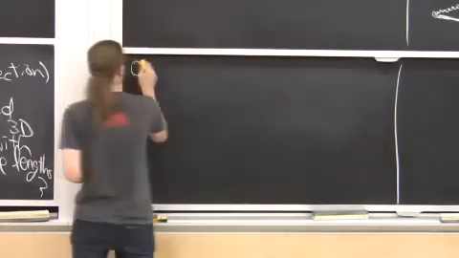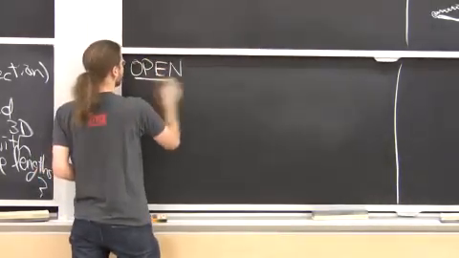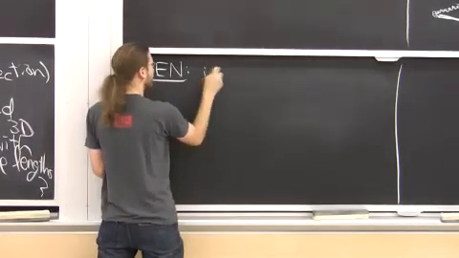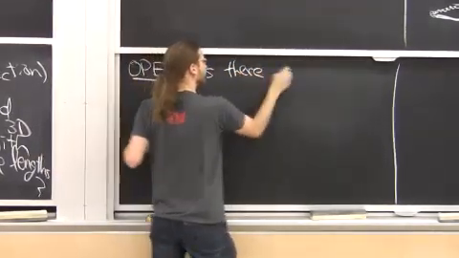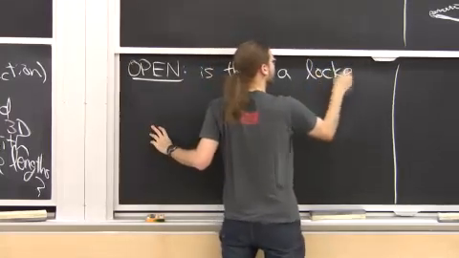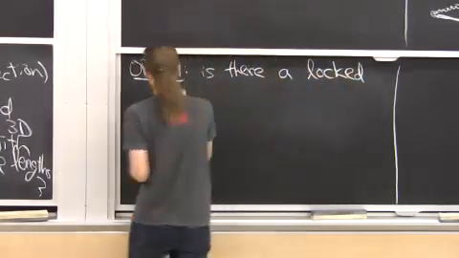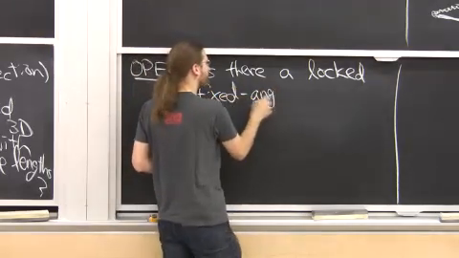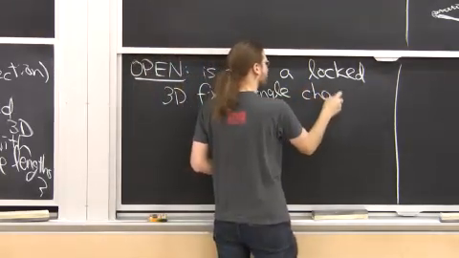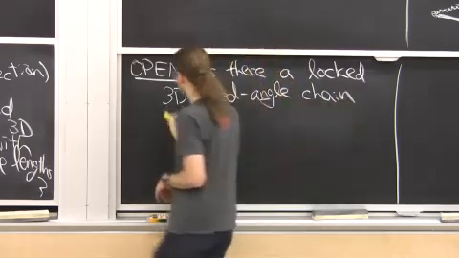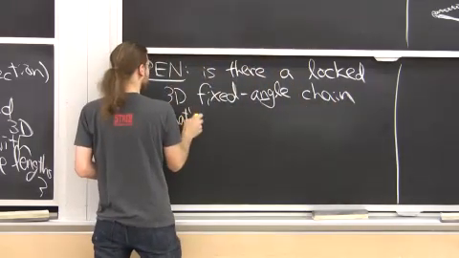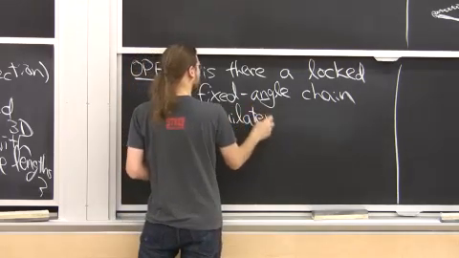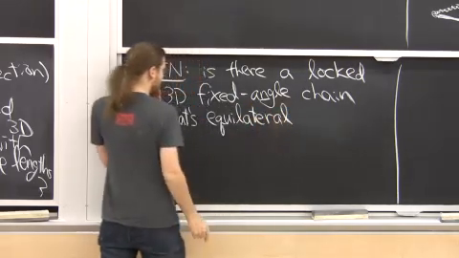So the big open problem for fixed angle joints, I guess we'll do this in parts, is there a locked 3D fixed angle chain that's equilateral?